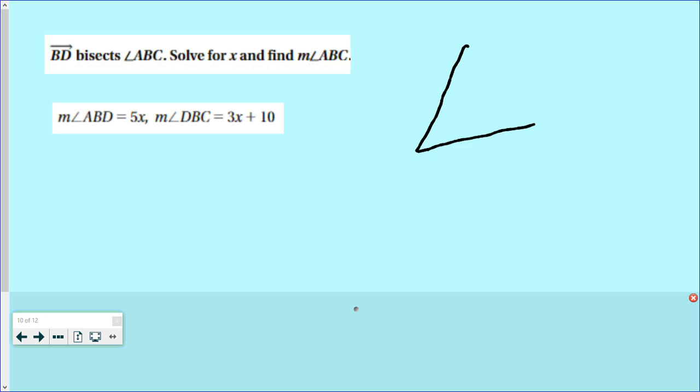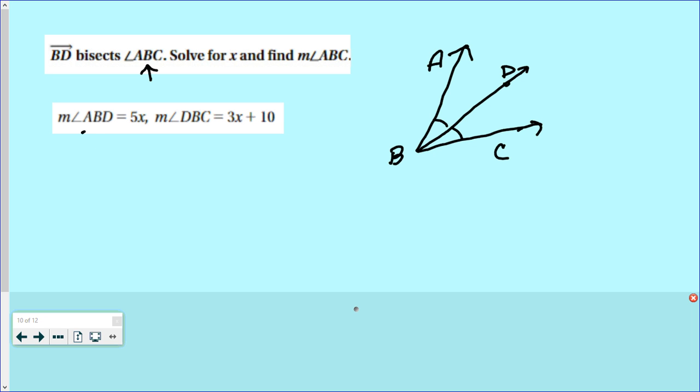We have an angle. The vertex of the angle is B. The two sides are A and C. BD bisects it, so D is going to be out in here somewhere. Here's D. And these two are congruent to each other.